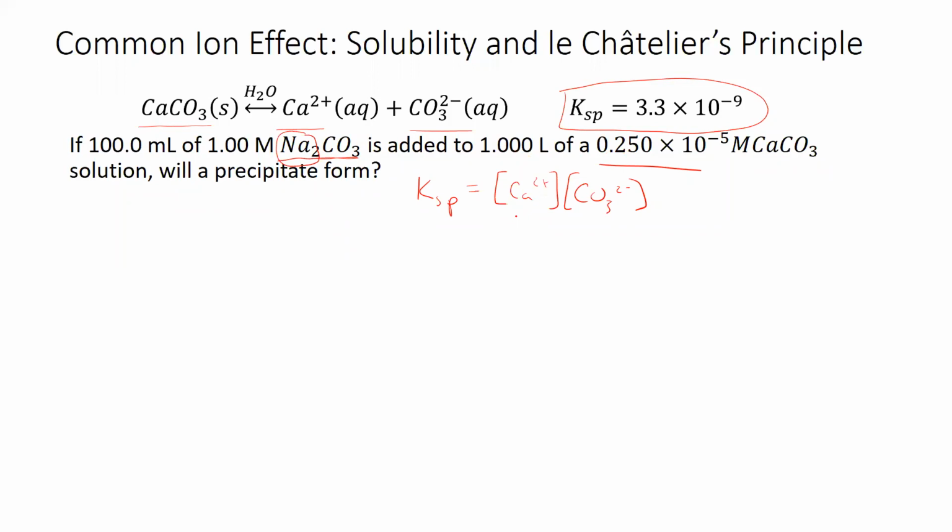And so the way we have to do this is really figure out, well, when we add the sodium carbonate, the concentration of the calcium is affected only by the dilution, because there is no calcium in sodium carbonate. But the carbonate's concentration is affected by both the original amount of carbonate that we started with and the amount of carbonate that we add. So a good way to set this up is actually to set up an ICE box, and that's what we'll do here.